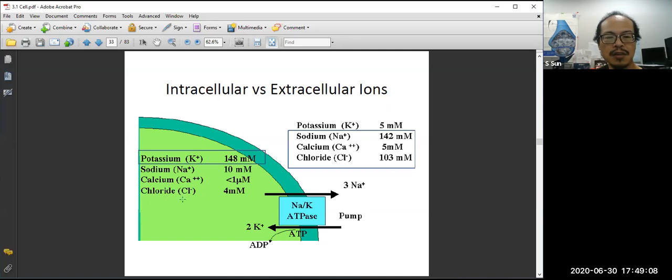Sodium, calcium, and chloride are more outside compared to inside. If I have a quiz question, potassium, sodium, calcium, chloride: what's more in the intracellular compared to extracellular? Potassium is more inside of the cell.